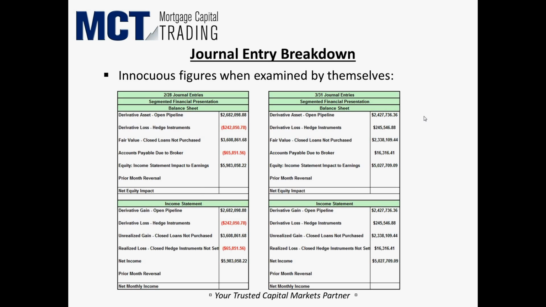So you can see that $2.4 million on $80 million in an open pipeline, they're making about 300 basis points gain on sale. Obviously, they're not picking up 300 basis points to best efforts. That's their total gain on sale figure, 300 basis points, $2.4 million on an $80 million pipeline.